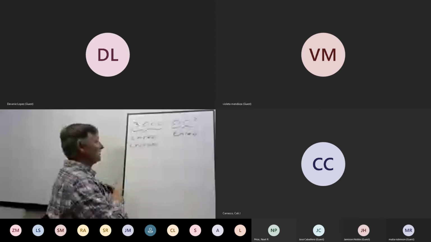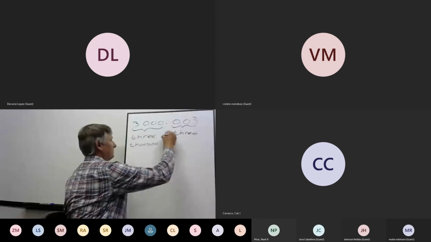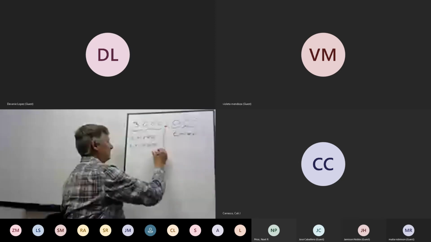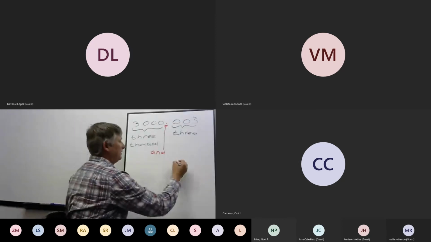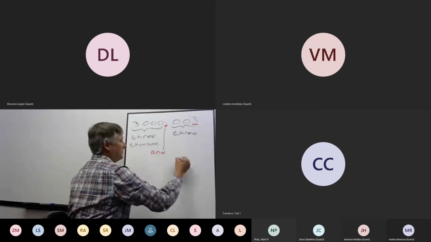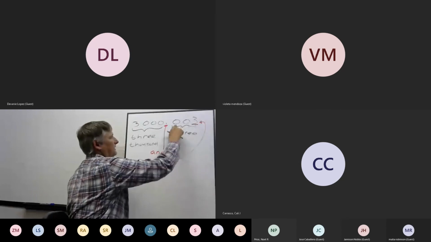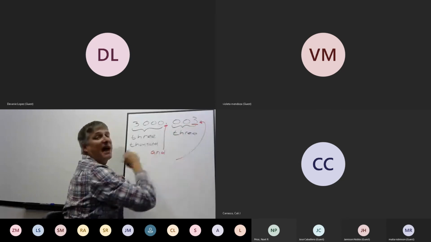So we have our "and." And then finally, this place value: tenths, hundredths, thousandths.